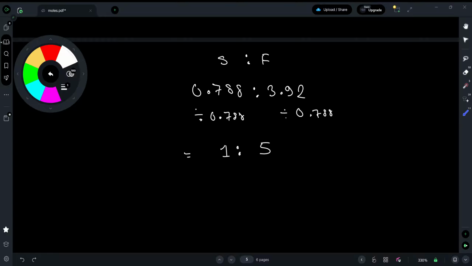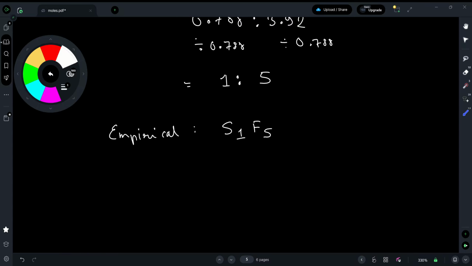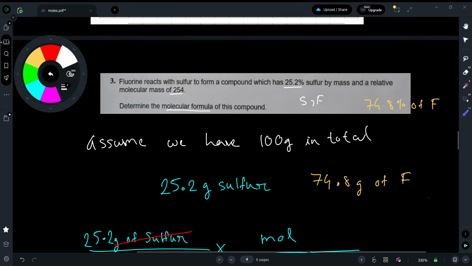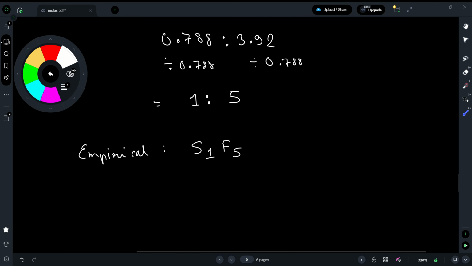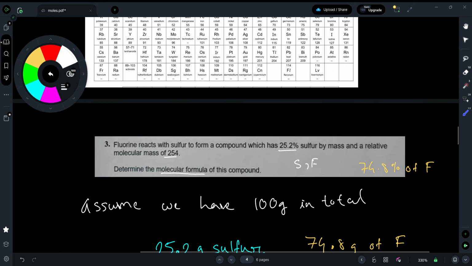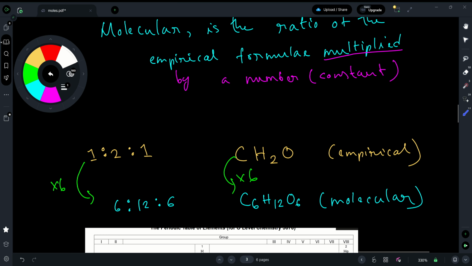So our empirical formula, we just found out, is S1F5, sulfur fluoride. This is the empirical formula of sulfur fluoride. Now, we were asked to find the molecular formula. So we found the empirical formula. Remember how we said the molecular formula is just a number multiplied by the empirical formula?